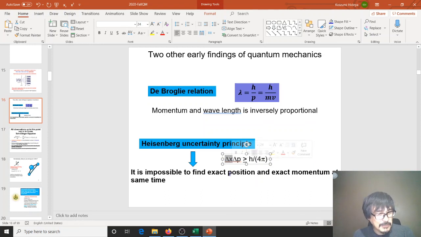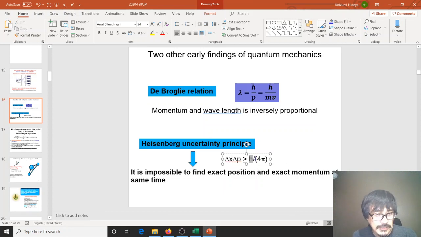the uncertainty, the wiggle room in the position x, multiplied by the wiggle room in the momentum p, has to be bigger than Planck constant divided by 4 pi.